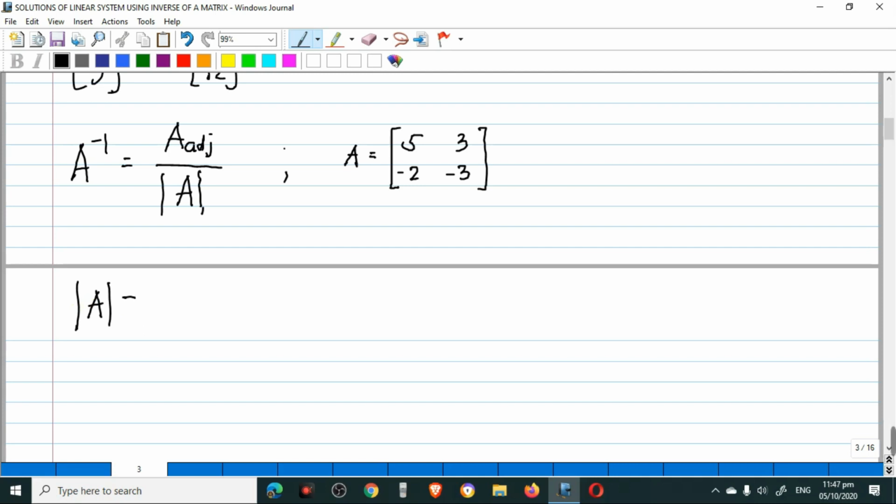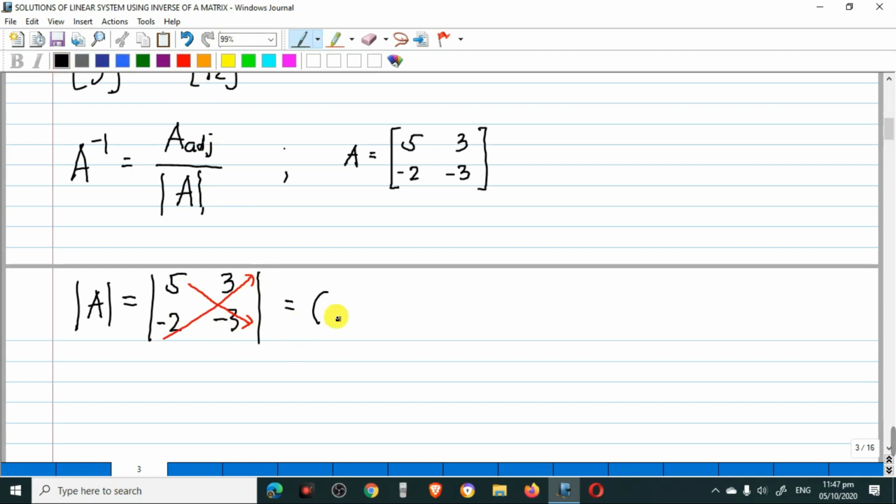Determinants of that matrix A is simply equals to 5 and 3, negative 2, and negative 3. Okay? Yung Leibniz method natin. So, this is equals to 5 times negative 3 and subtracted by negative 2 times positive 3. Yun ang magiging sagot natin na determinants.